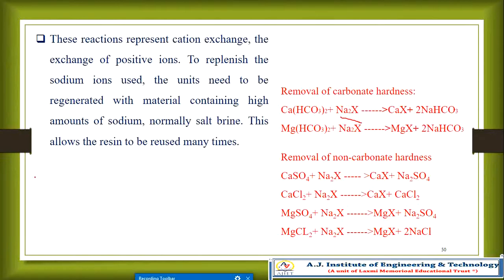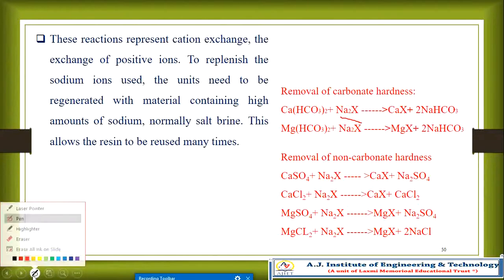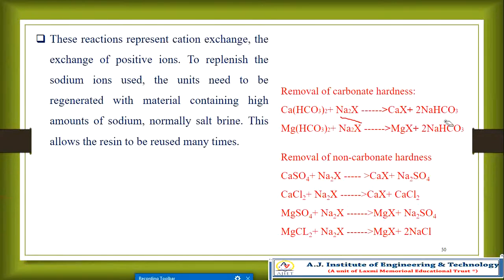For carbonate hardness, the magnesium reaction, MgCO3 and Na2X, will be similar. And for removal of non-carbonate hardness, you can take CaSO4 and Na2X.